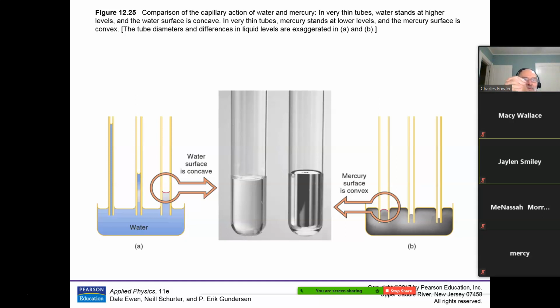If you have a large number of molecules per unit area in the can, and a small number of molecules per unit area outside the can, the molecules tend to diffuse outward because of the concentration gradient. Huge concentration here, low concentration here, they move from high to low concentrations. That's what diffusion is.